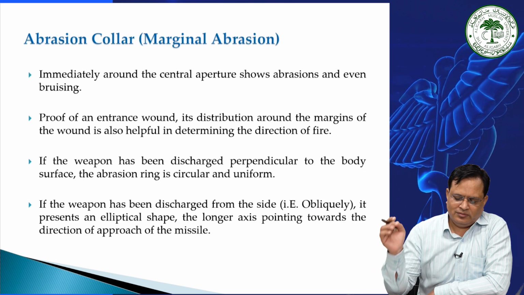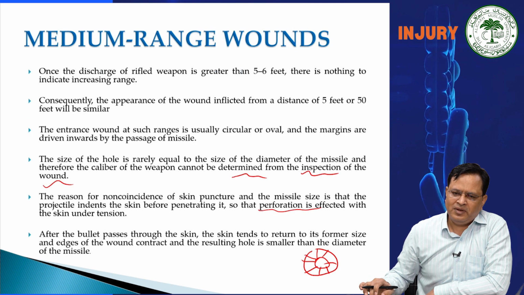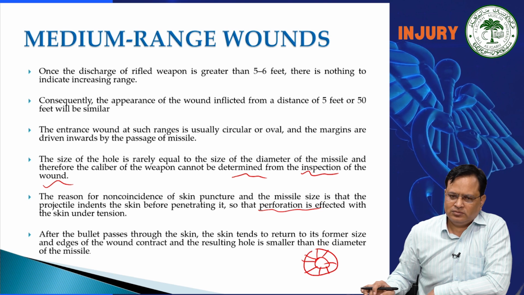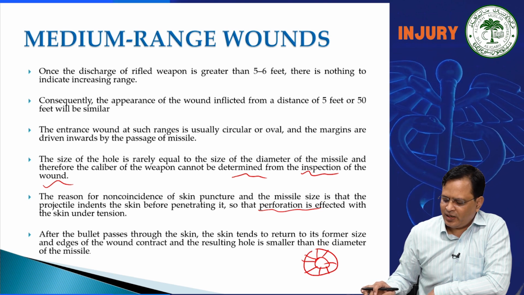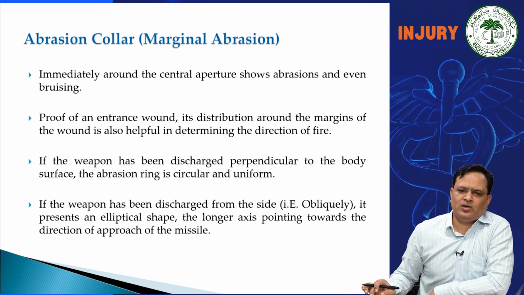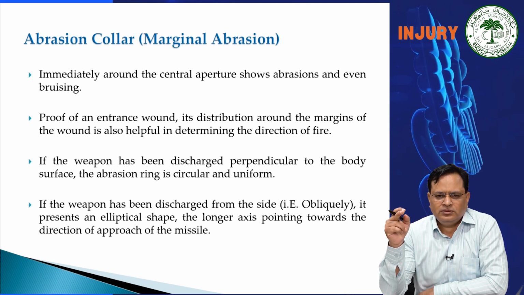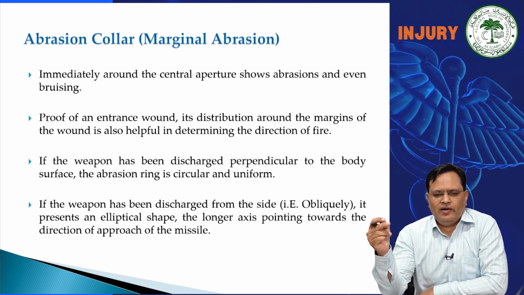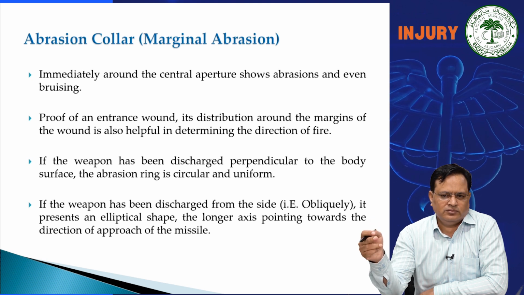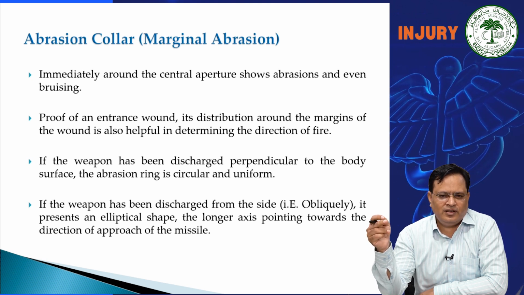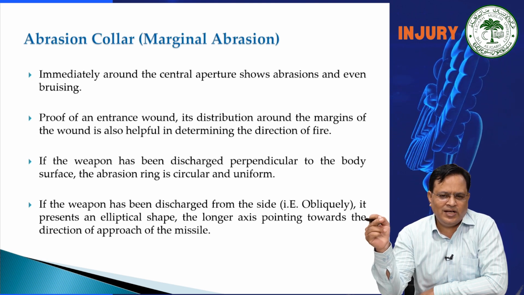Abrasion collar. In a medium range wound, we have another feature, that is the abrasion collar. Since the bullet is fired from explosive materials which lead to fire, that also leads to heating of the bullet.